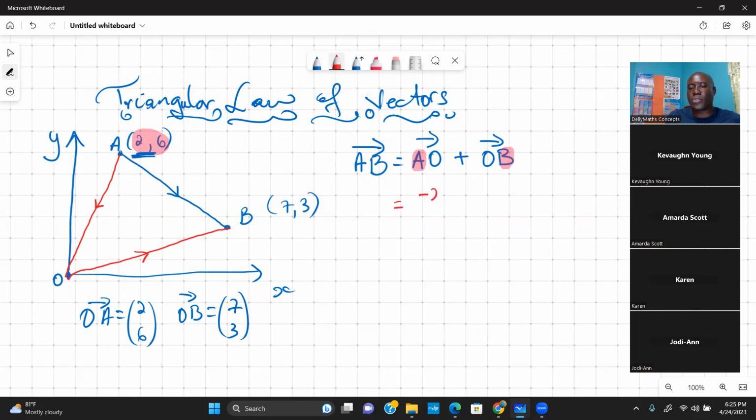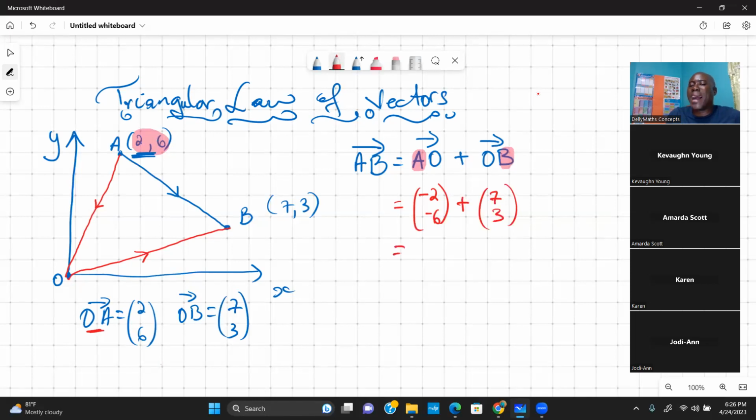So it's going to be a -2 and a -6 that you will be using, because you're not going in the direction of the position vector. OA is the coordinate. OB is the coordinate. So the fact that you realize you have to go opposite to it, fine, change your sign. We want to add that to OB. OB will not change. So it's going to be (7, 3). Why is it that OB isn't changing? Because I am moving in the direction of OB. Based on how I want to move from A to B, I'll travel from O to B.